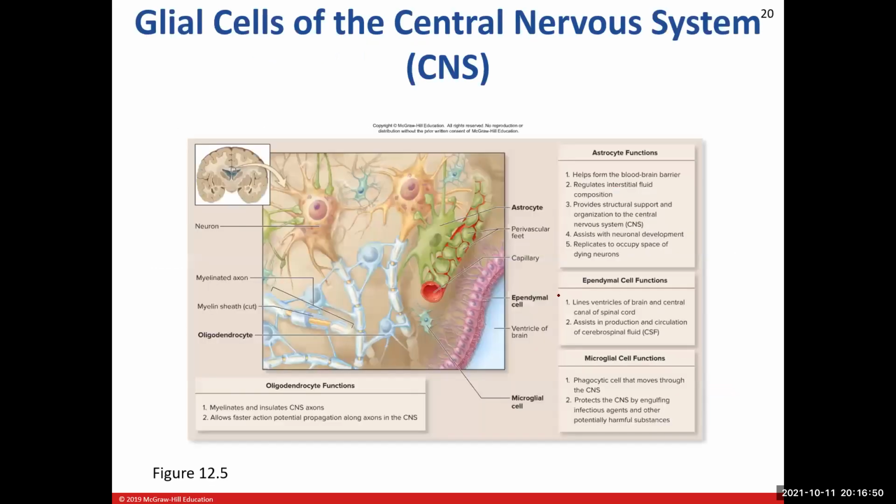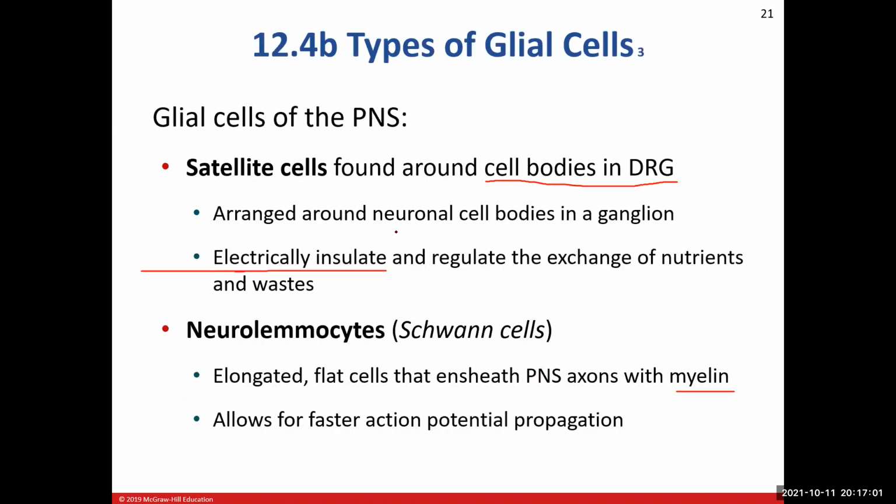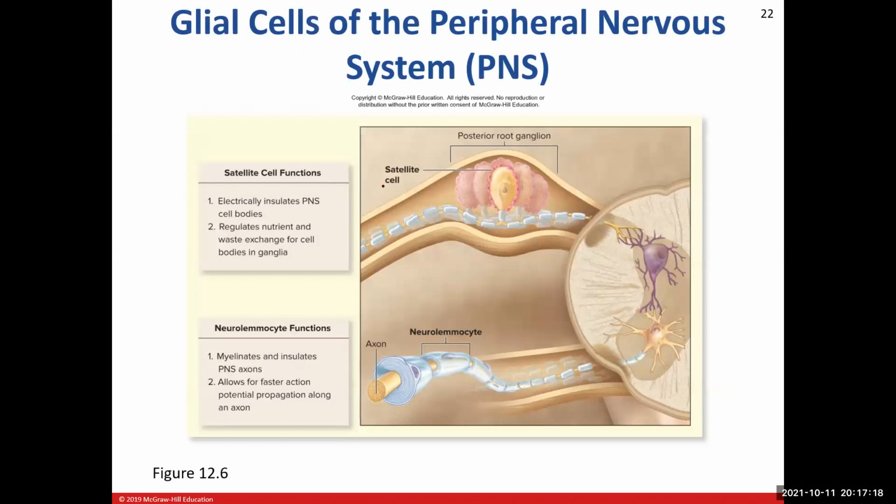Here's our oligodendrocyte, and you can see how the oligodendrocyte is myelinating several neurons. Well, in the peripheral nervous system, the neurolemocyte can only myelinate one single axon. And in fact, the cell itself will form that myelin sheath. We're going to talk about that.